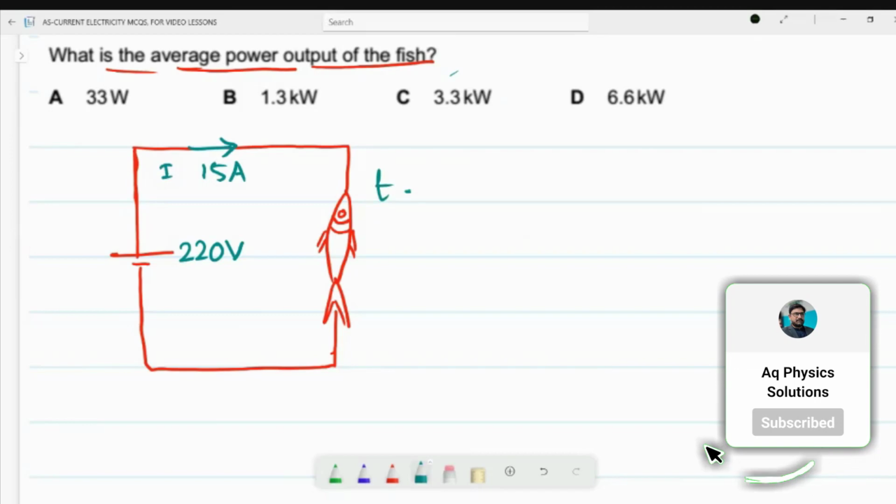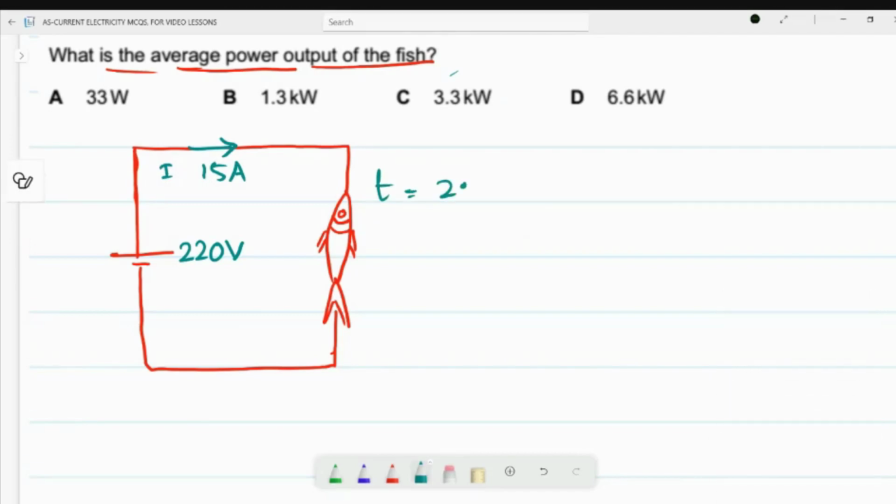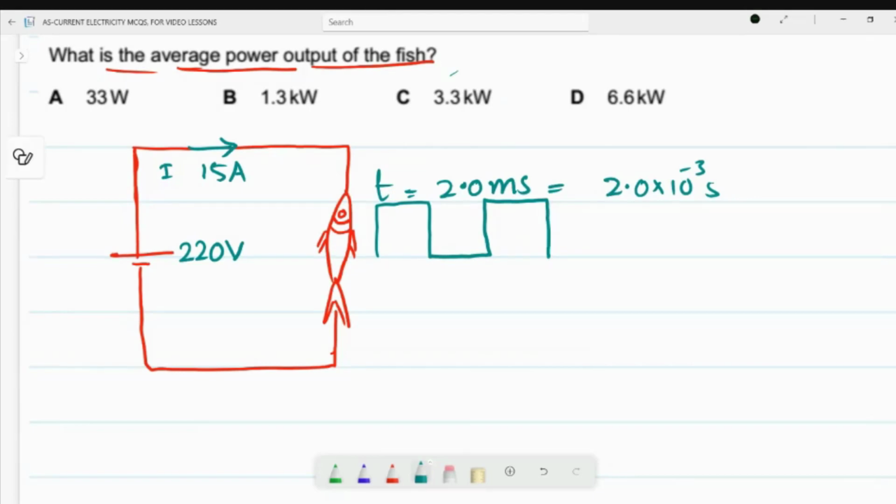The time is 2.0 millisecond, which means 2.0 into 10 raised power minus 3 seconds. So this fish generates a pulse, and then it stops. Then it generates a pulse, then it stops. Then another pulse, then it stops.